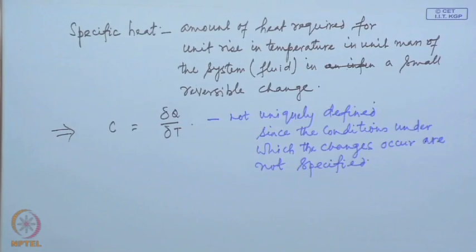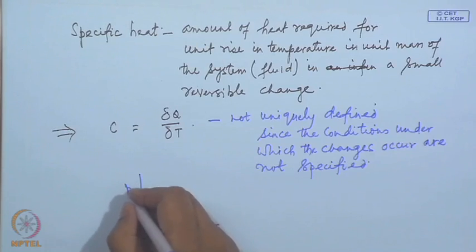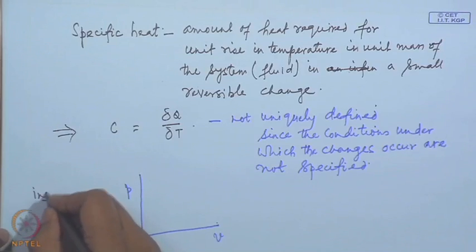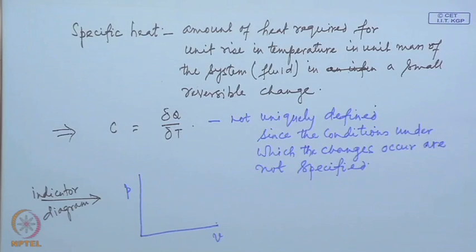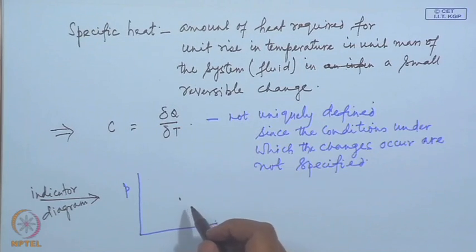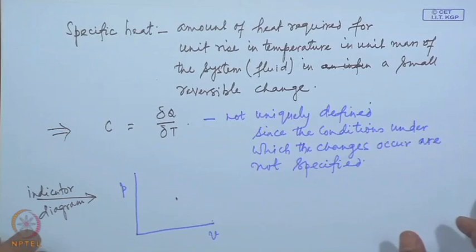We can explain this in this way: a state of the system is just a point in the indicator diagram, say P V. A point represents a state, because in the indicator diagram a point fixes pressure and specific volume, and as we have mentioned earlier, for a pure substance, if we fix any two variables, then all other remaining state variables are fixed automatically.